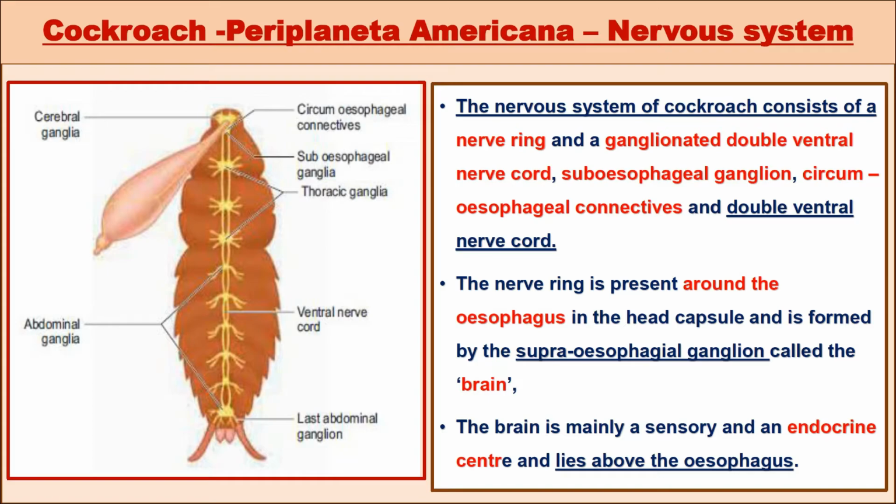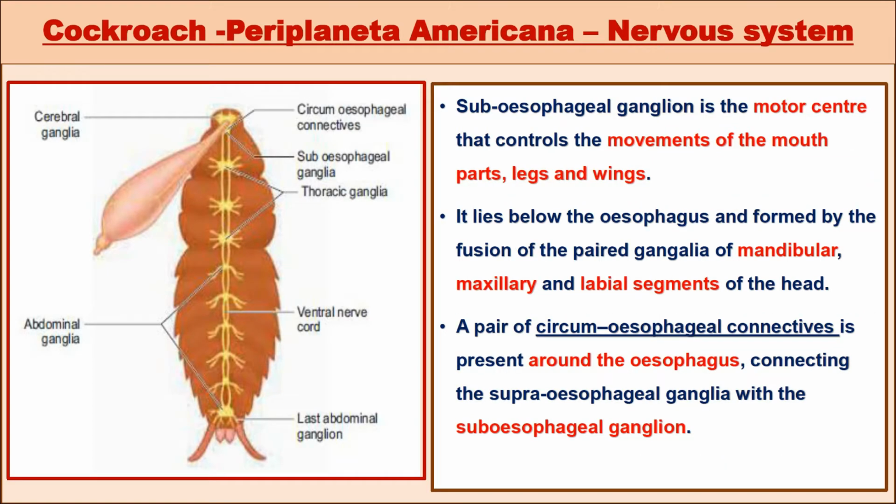And they have the receptor for smell, called the olfactory receptor. They are also found in the antenna. The receptor for taste, that is the gustatory receptor, is found in the palp of maxillae and labium. So labium is considered a tongue.